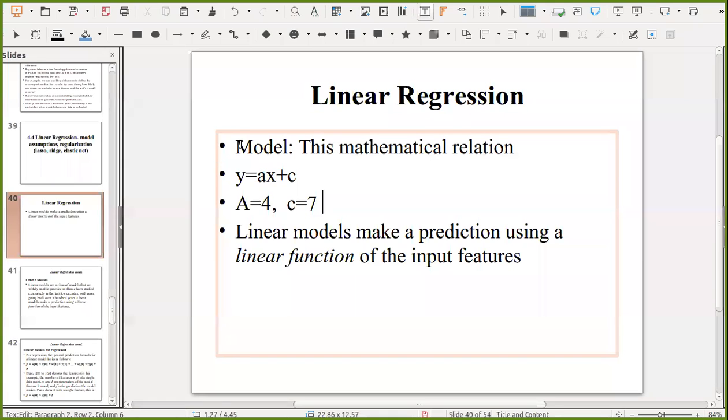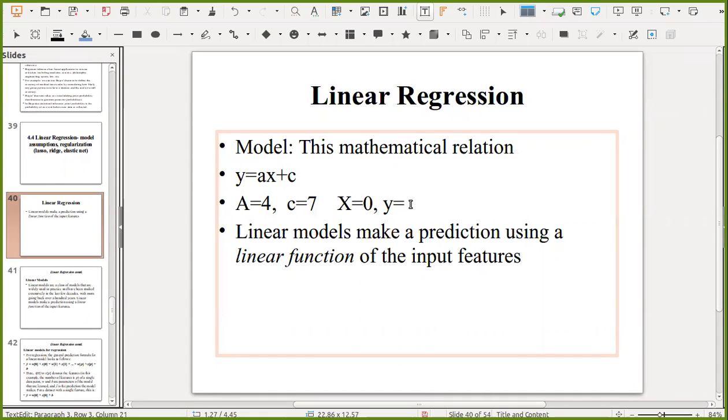Here I can say that as my x is increasing, y will also increase. If I have x equal to 0, then y equals 4 multiplied by 0, that is 0, plus 7.